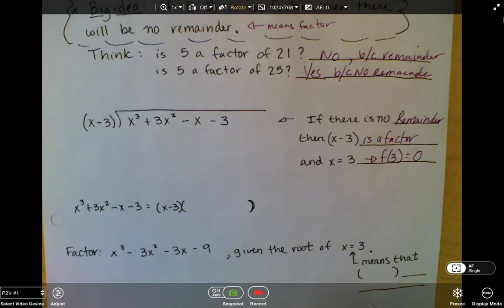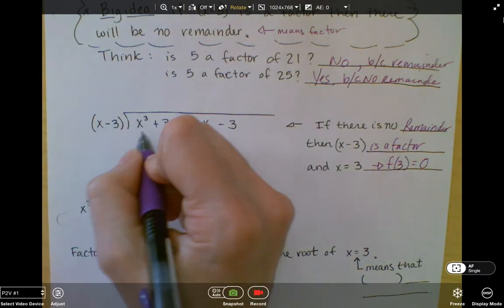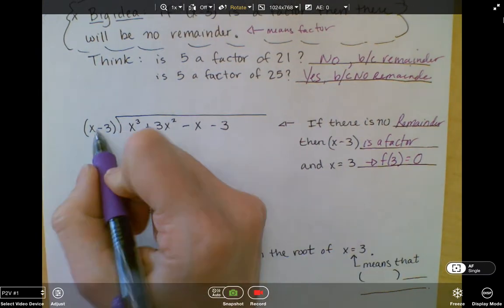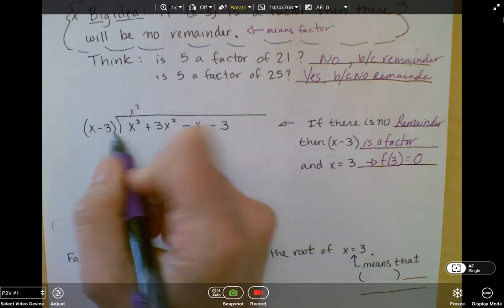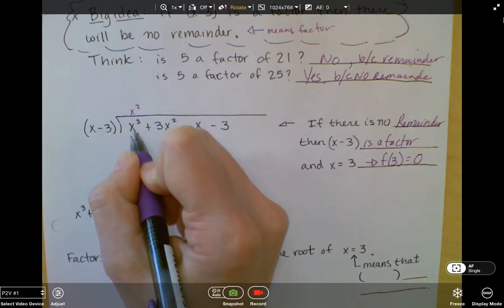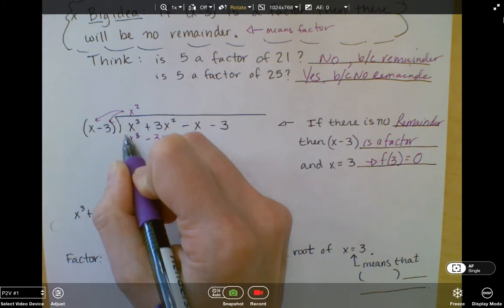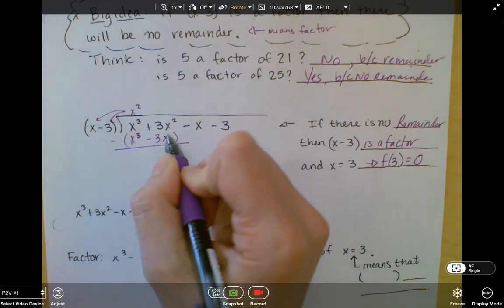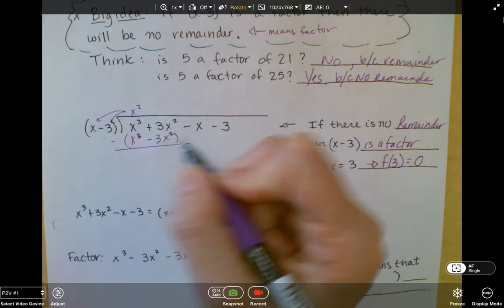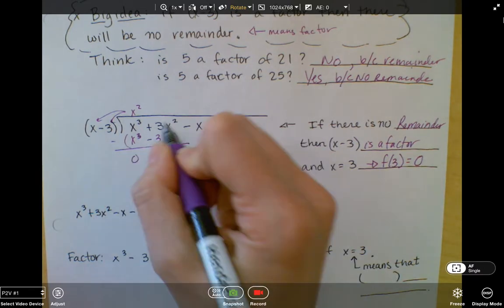So we can break it up a little further. More long division. So x squared, distribute through, minus 3x. We're going to subtract. That's going to be 0, and that's going to be 6x squared.